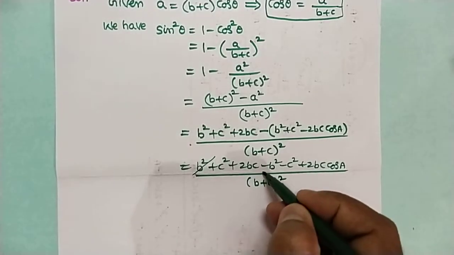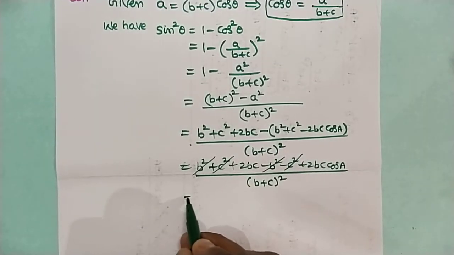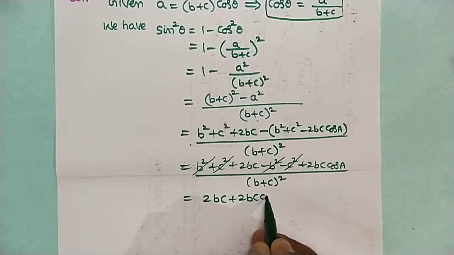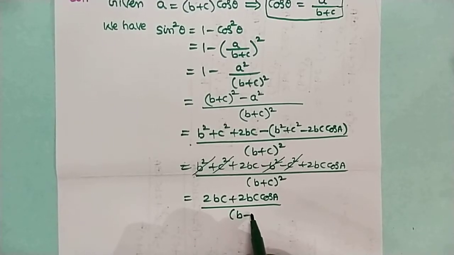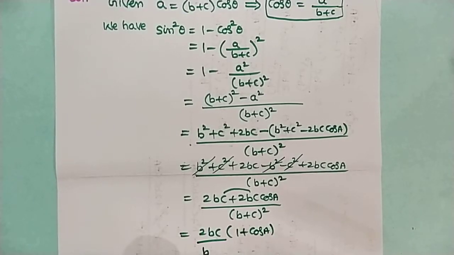The b square and c square terms cancel, which is equal to 2bc plus 2bc cos a divided by b plus c whole square. So take 2bc common from here: 2bc into 1 plus cos a divided by b plus c whole square.